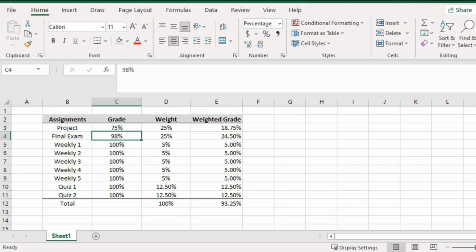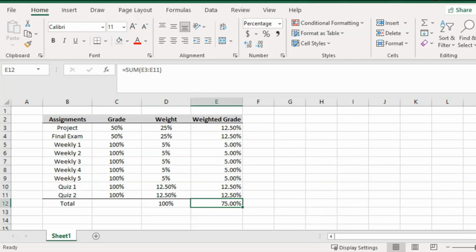We cheated our way through our weekly assignments by copying off of somebody else, and same thing for the quizzes, but it's kind of hard to cheat on a project. So let's say we got a 50% there. Then the final exam, we also did quite poorly. Even though we did super well on all of the course assignments and quizzes, we did not do well on our project and final exam, which made up half of our grade. And so our final grade is no better than a C.